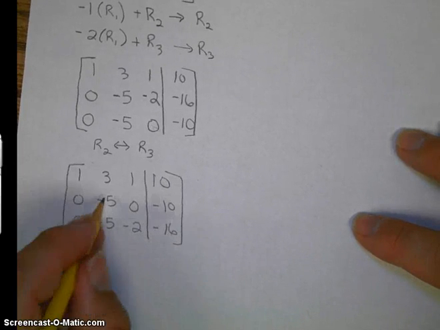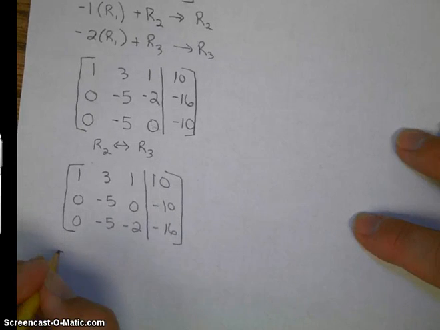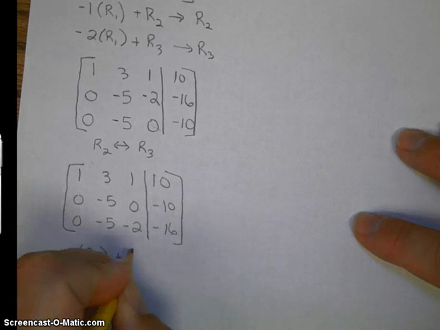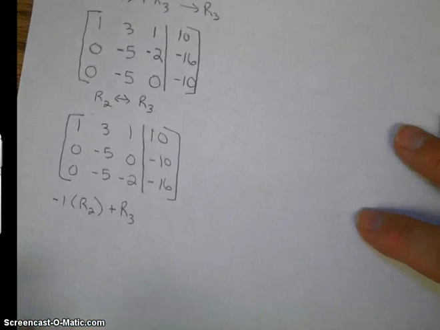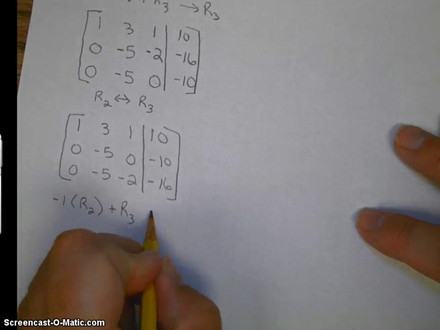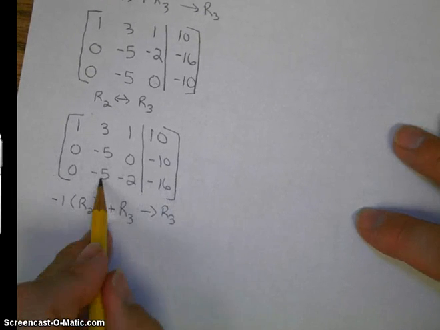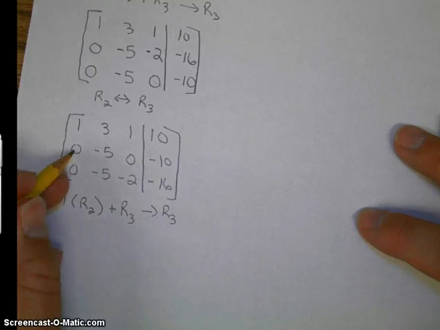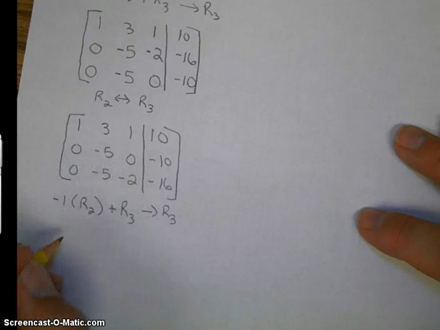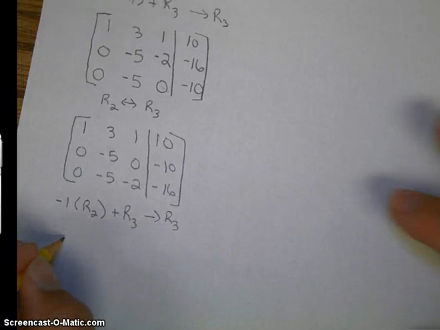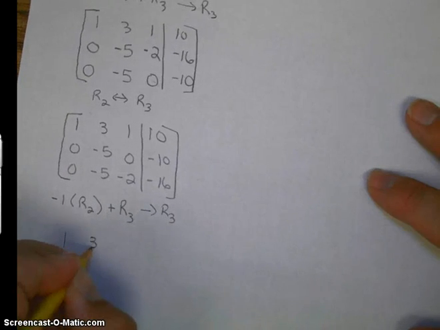So negative 1 times row 2 plus row 3, and that's going to give me a new row 3 with a 0 here. So negative 1 times 0 is 0 plus 0 is 0. That's good. Let's rewrite this real quick.